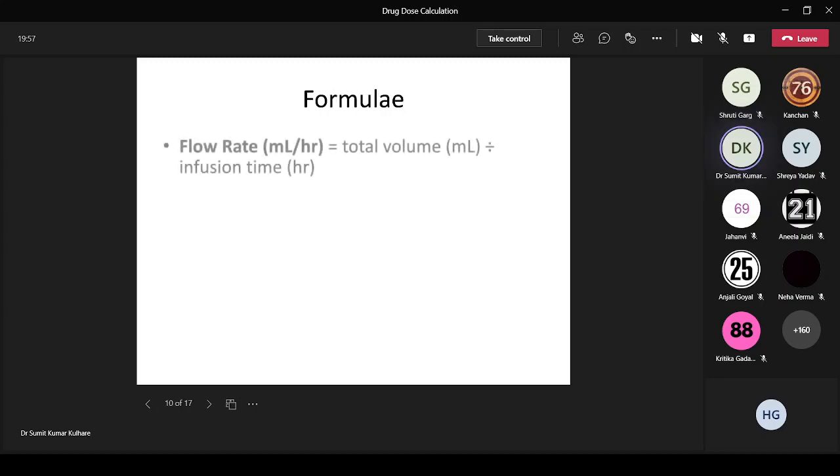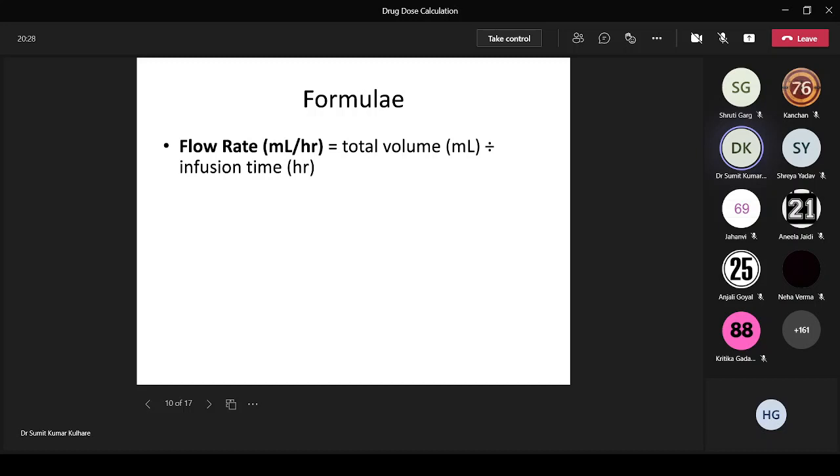Coming to the next formula, flow rate, again very important. You want to know at what rate the drug should be administered through the infusion set. Usually nurses do this in a tertiary care center, so it is not much of a worry. But suppose you are working in the periphery, or you are doing private practice, then this could become essential.